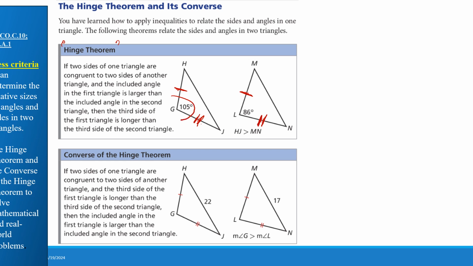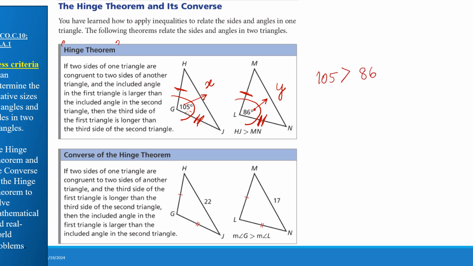If this is bigger than the included angle of the other triangle, then the side opposite to it is also bigger. Let's suppose this included angle is 105 and the opposite side is x, and the other included angle is 86 and the opposite side is y. Which angle is bigger, 105 or 86?